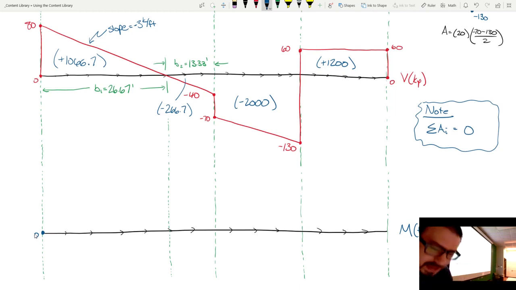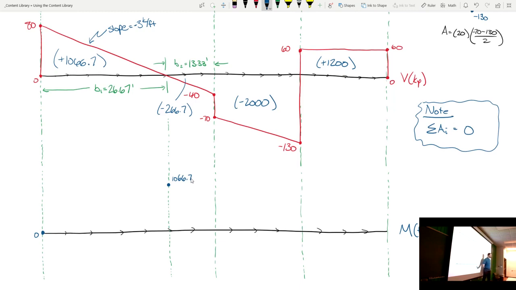So right here should be something like 1066.7. I'm not drawing it yet. Right now, I'm just looking at what the values should be. So if this is 1066.67, what should the value be right here?